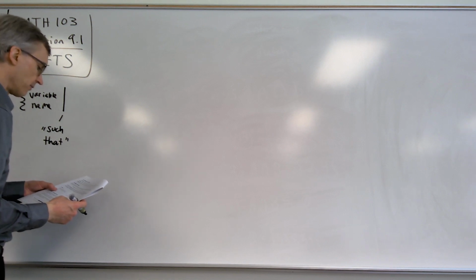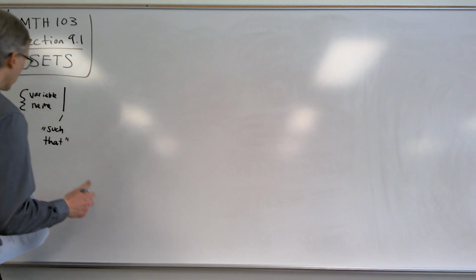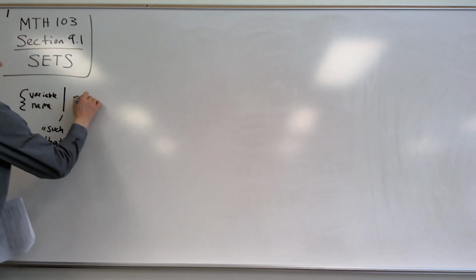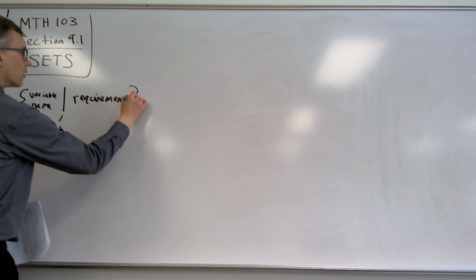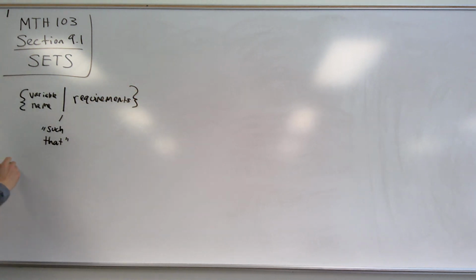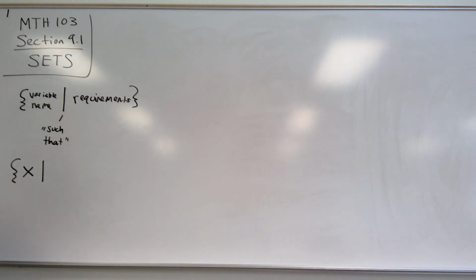So for the first example, if I want to write all real numbers less than or equal to 5 using set builder, first I'm going to just make up a variable. Could be x, could be some other letter. It doesn't matter what letter you choose. All right, then the vertical line, so x such that, and then I'm going to say what my restrictions on x are.